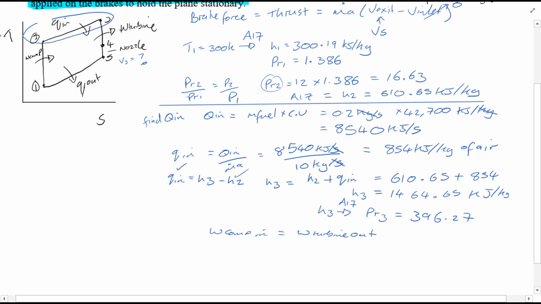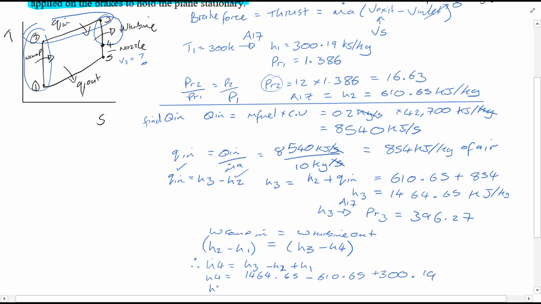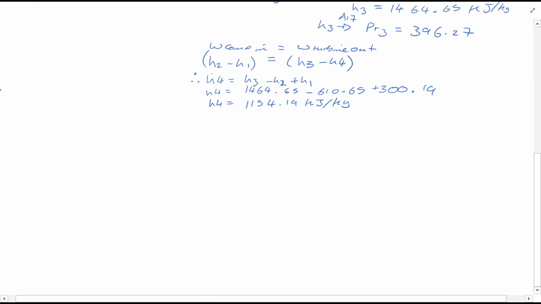And looking at our diagram here, of course our compressor is represented by this and our turbine is represented by this, so we know that H2 minus H1 is equal to H3 minus H4, and rearranging this equation you'll find H4 is equal to H3 minus H2 plus H1, and subbing in the values, that gives a value of H4 equal to 1154.19 kilojoules per kg.